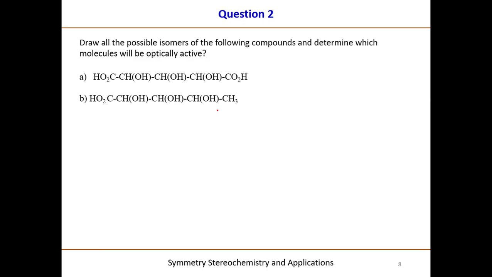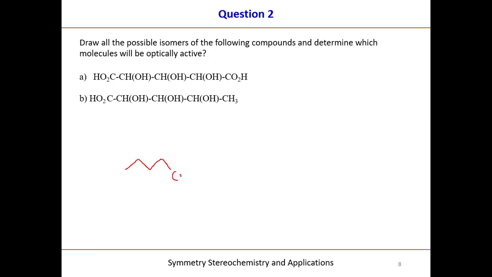Draw all the possible isomers of the following compound and determine which molecule will be optically active. If we draw this molecule in zigzag form here, first one I am writing here. How many carbon atoms are there? 1, 2, 3, 4, 5. Five carbon atoms.